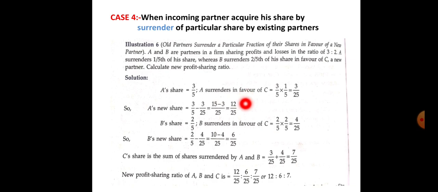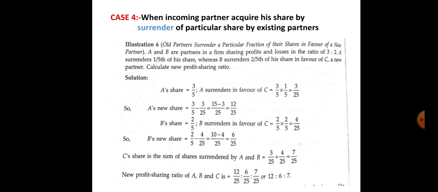This is the new ratio of A, this is the new ratio of B and this would be the new ratio of C. C का शेयर कैसे आया? जो A and B सरेंडर कर रहे हैं, cumulatively this surrendered share would be the new share of C. Clear? Now the new profit sharing ratio between A, B and C would be 12/25, 6/25, 7/25.